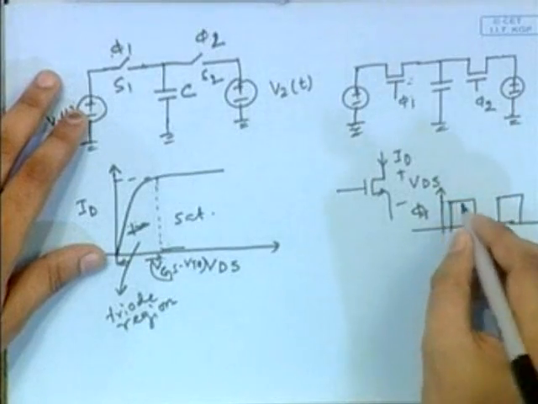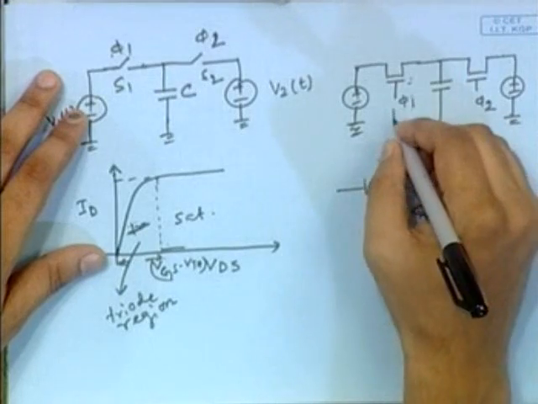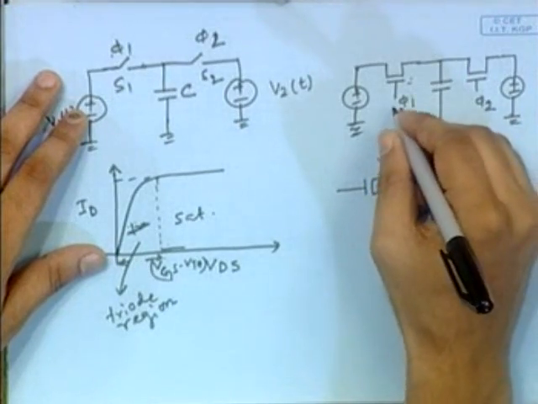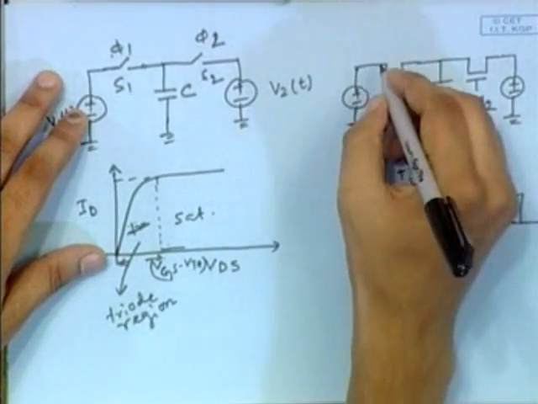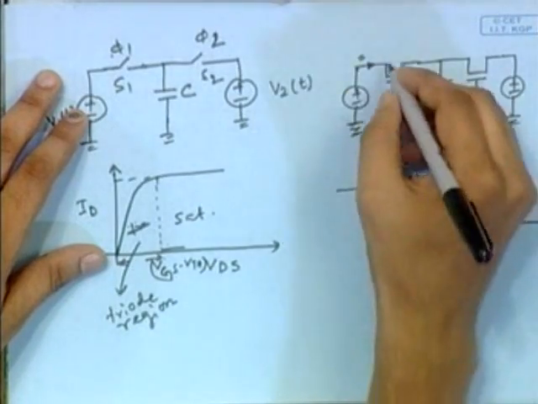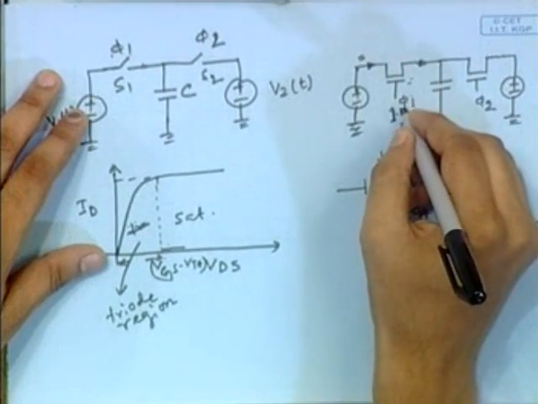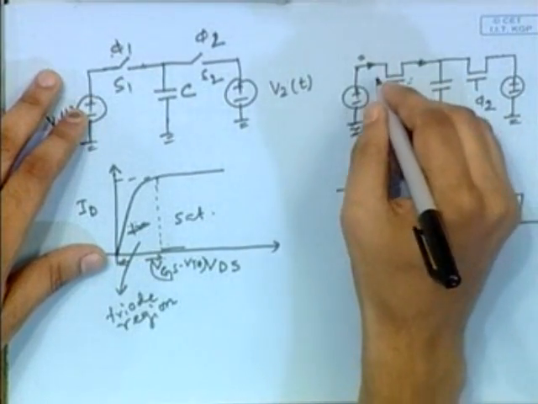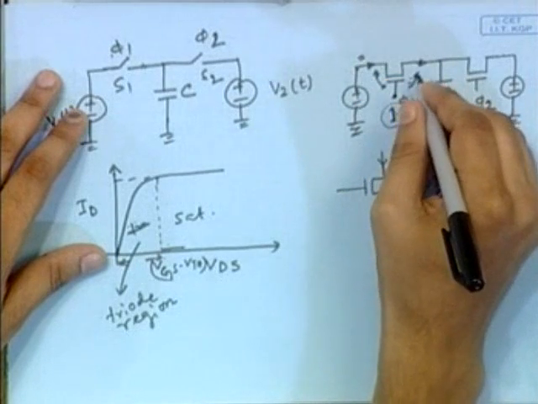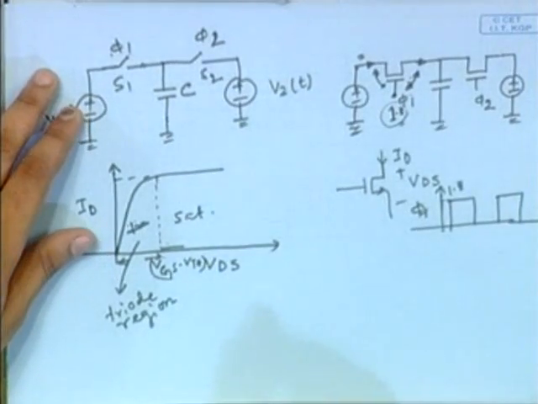You cannot apply more than 1.8 volts on this side or this side. So if you are applying the maximum potential here, it will be in the triode region. Is it clear?